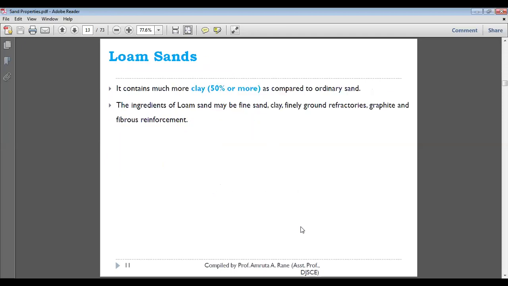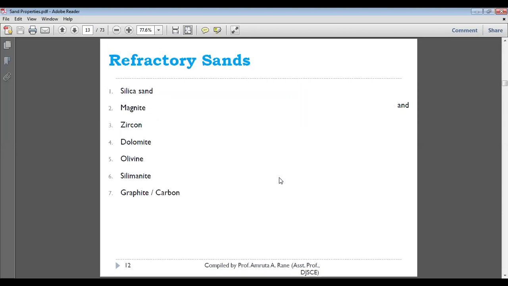So loam sands have clay that is basically 50% and more. If sands have more than 50% clay, they are known as loam sands, and they are high in fine sand. The ingredients of loam sand may be fine sand, clay, fine ground refractories, graphites, and fibrous reinforcements. Other materials are mixed to form the loam sands.